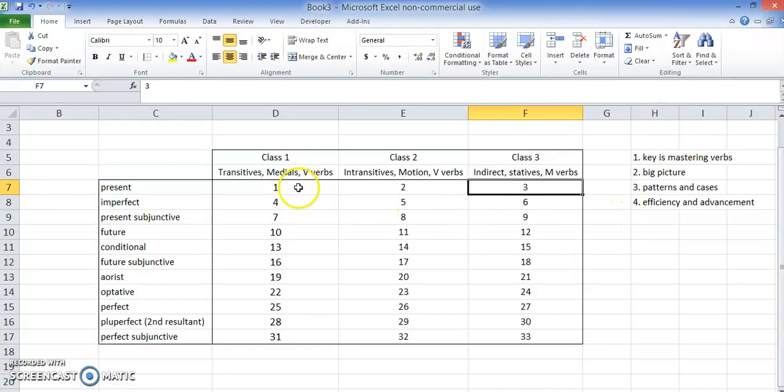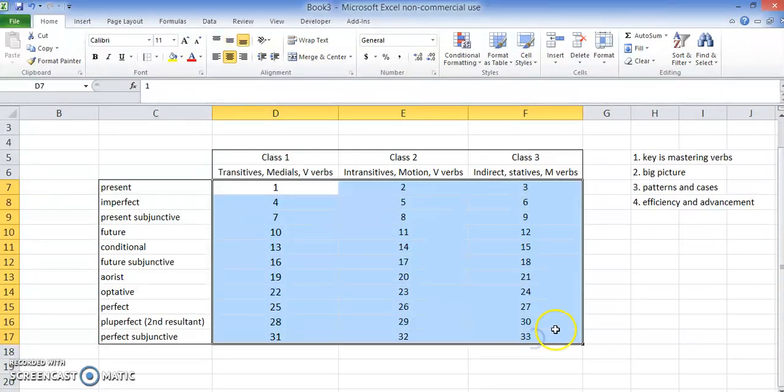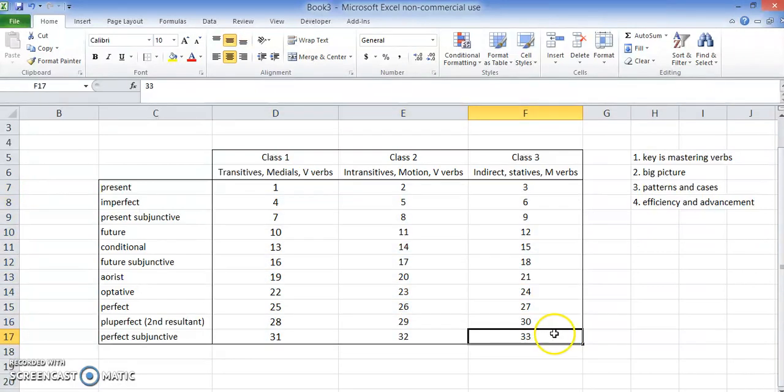I think it's much more efficient to learn the patterns with this. You're thinking, roughly I've got to learn 33 different sets of patterns. Well, you're probably going to try and learn 33 words anyway. So why not learn the patterns, which will result in being able to say maybe hundreds or even thousands of different forms of words? I think that's much more efficient in my mind, rather than just acquiring verbs one by one.